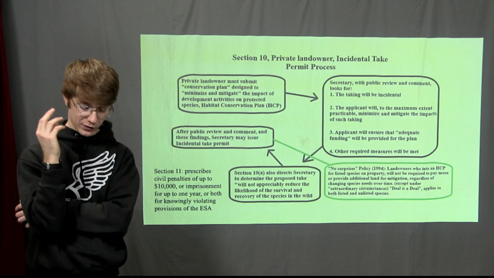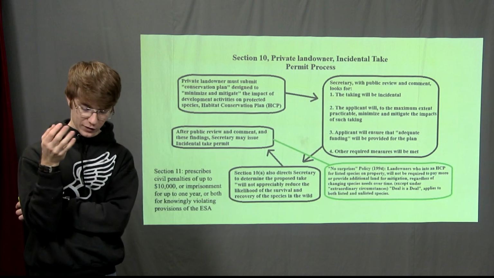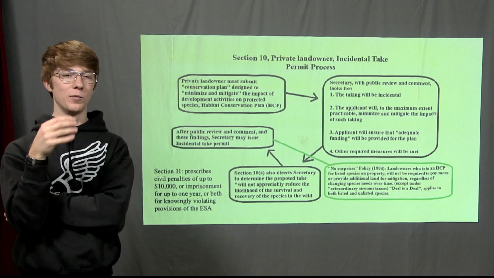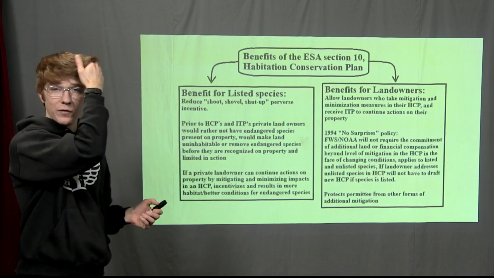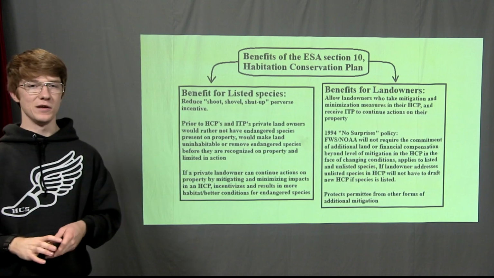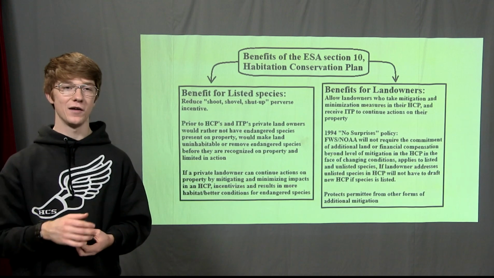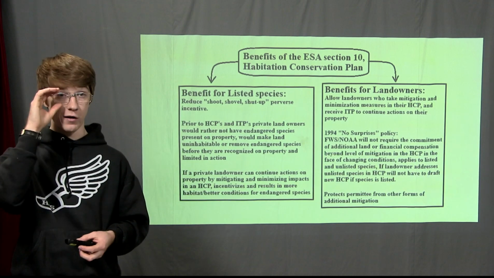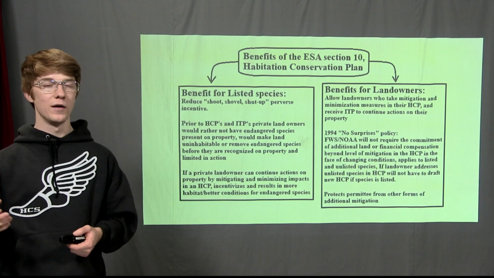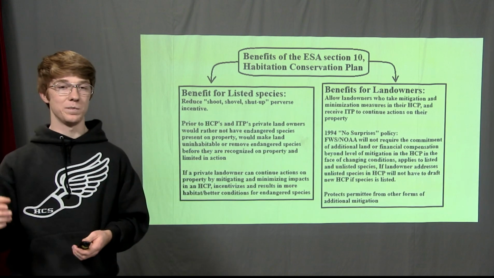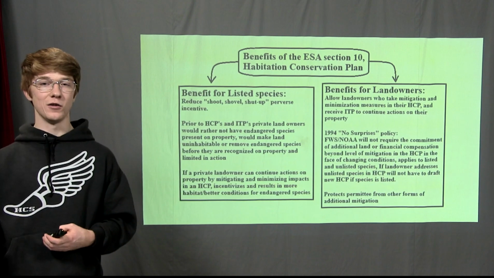So for these listed species covered by an HCP, they're going to have better habitat available, more habitat available, as well as the reduction or elimination of those perverse incentives that existed prior to the HCP and ITP system, where landowners would have much rather not had listed species at all on their property. They would have made their property inhospitable to these listed species, or even pulled the shoot, shovel, shut up maneuver to hide any listed species on their property in order to continue actions.